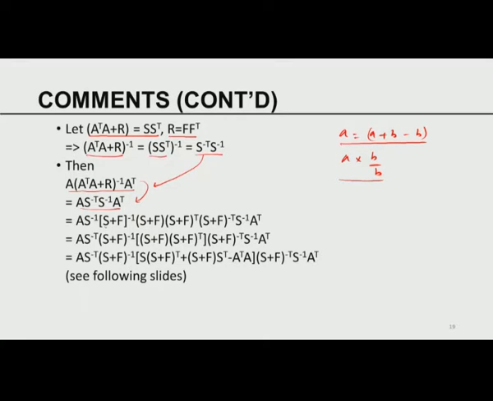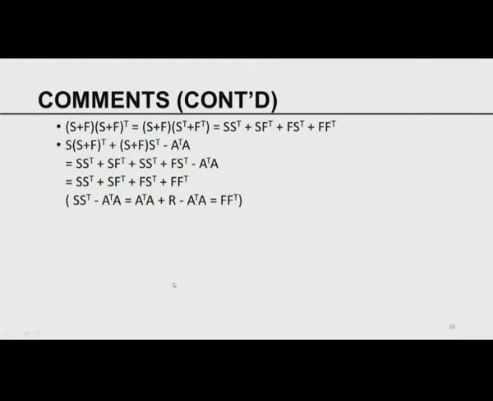I am trying to multiply the inverse and the matrix, the transpose and its inverse. So I am simply trying to multiply and divide. If I multiply and divide, I get an expression. That expression when simplified becomes this. See the following slides for the details. So the simplifications are given in here.